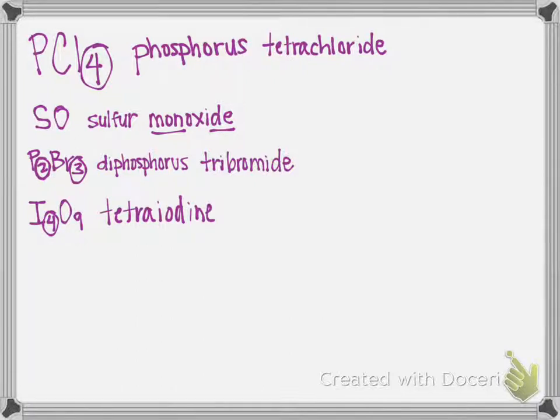And then 9 oxygen, so the prefix for 9 is non, and oxygen would be oxide, so tetraiodine nonoxide would be the name for I4O9.